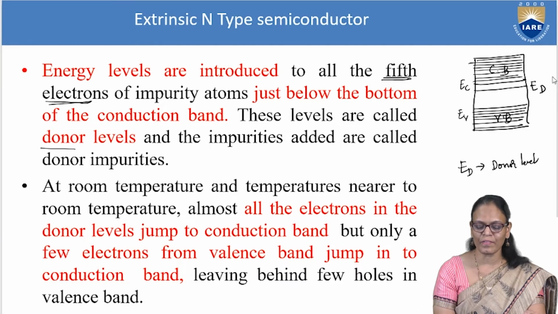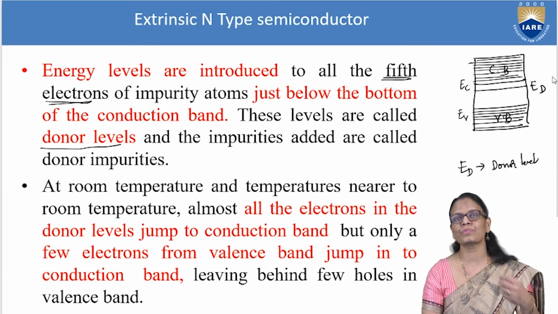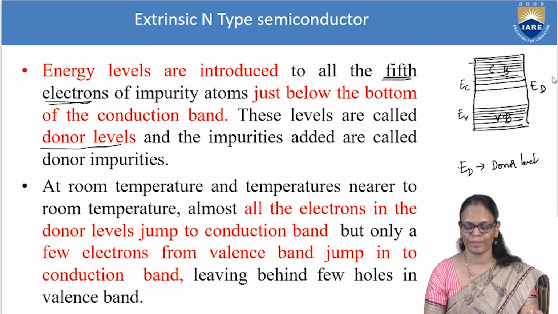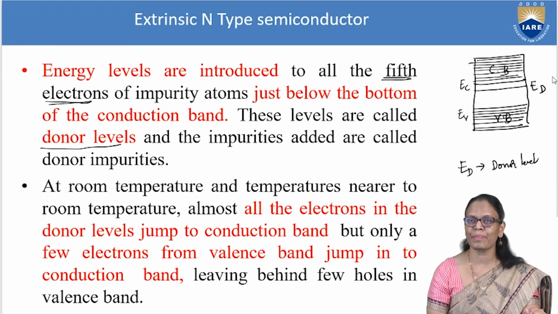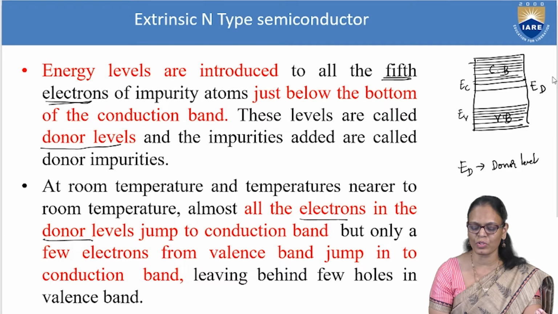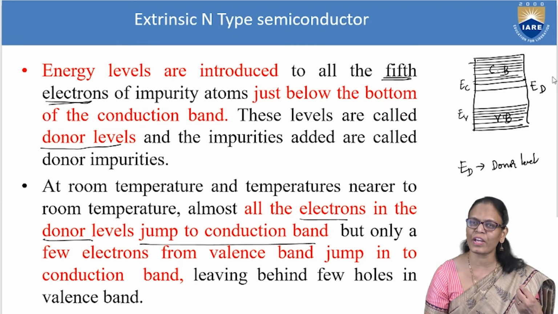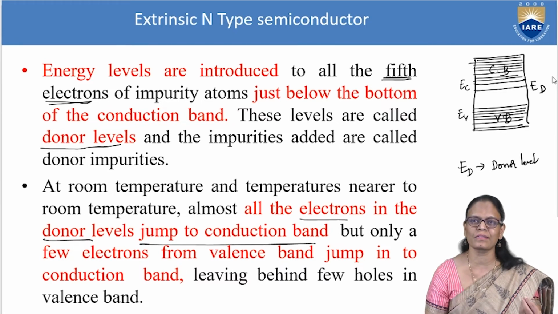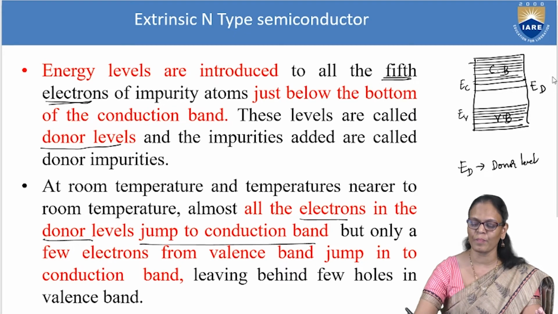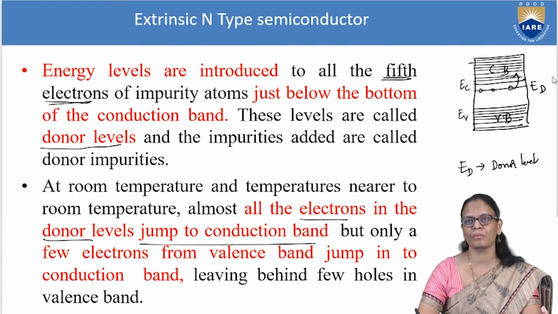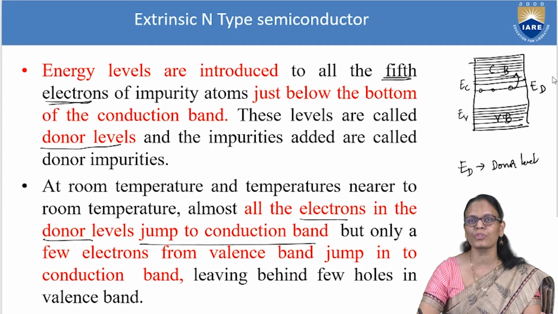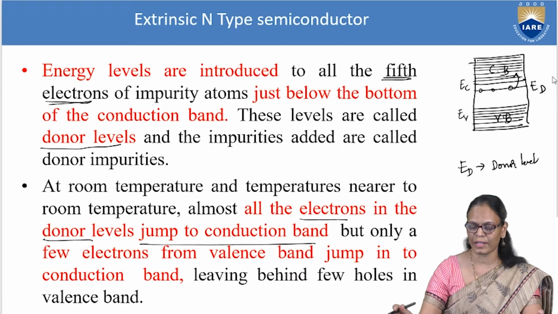They are called donor levels because they are always ready to donate 1 electron. And at room temperature or very near to room temperature, these electrons in the donor levels jump to the conduction band. That means with a very small increase in energy or temperature, the electrons present in the donor level can easily go to the conduction band, leaving behind a few holes in the valence band.